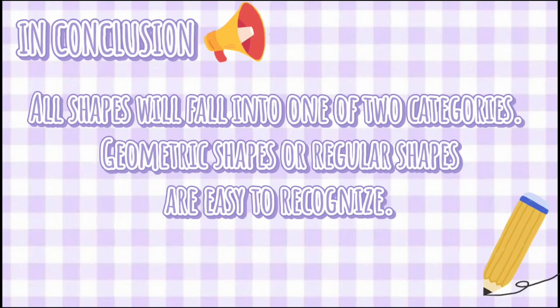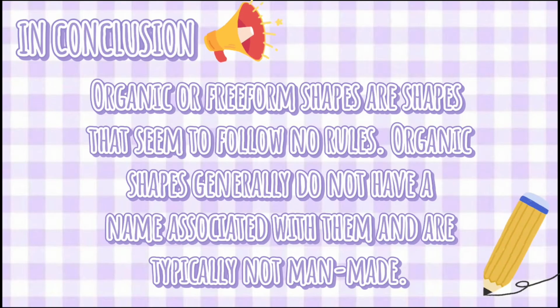All shapes will fall into one of 2 categories. Geometric shapes or irregular shapes are easy to recognize, while the organic shapes or freedom shapes are shapes that seem to follow no rules. Organic shapes generally do not have a name associated with them and are typically not man-made.